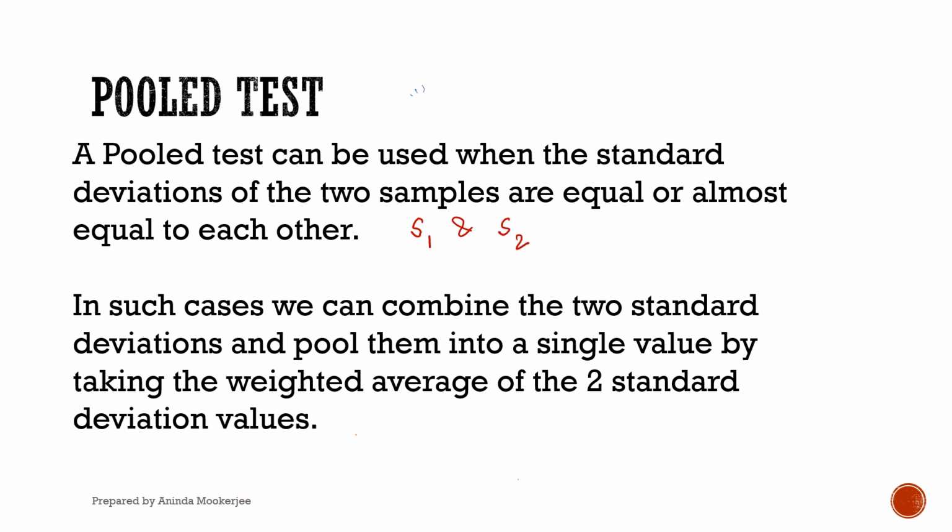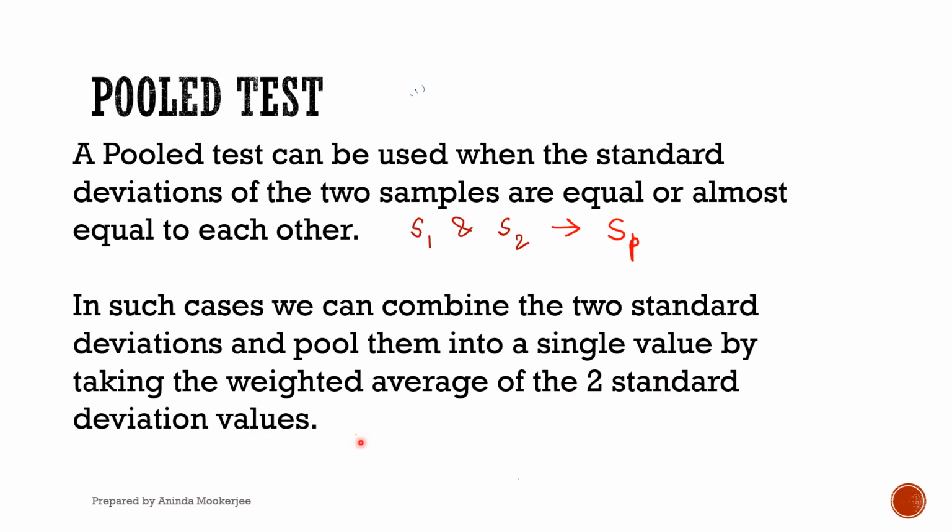Now, they will never be exactly equal, but if they are close to each other, if they are almost equal, then what we can do is we can combine the two standard deviations into one by taking the weighted average of these and combine them into one standard deviation, which we'll call S sub p, the pooled standard deviation. So in such cases, we can combine the two standard deviations and pool them into a single value by taking the weighted average of the two standard deviation values.